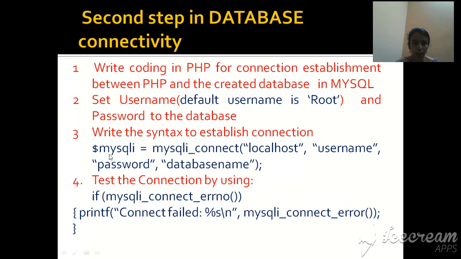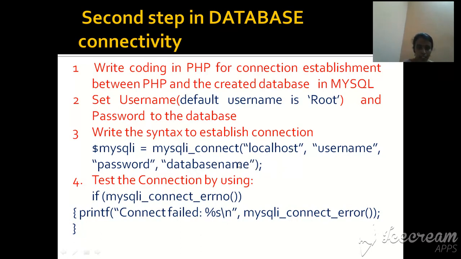So $mysql, you know that dollar represents the variable declaration. So $mysql equal to mysql_connect, which is a keyword. Usually localhost is the place where you will be running your PHP code, and the username, password and the database name can be given inside these brackets.